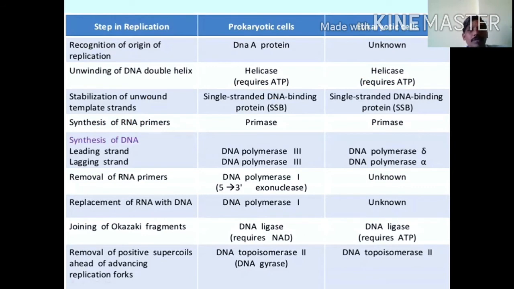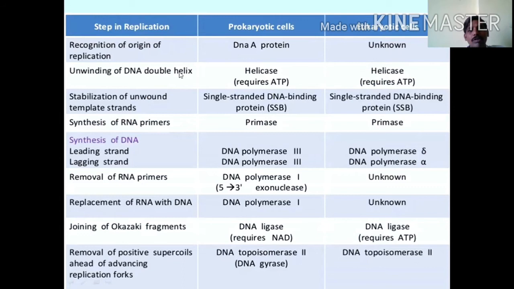For example, the DnaA protein recognizes the ORI site in the DNA molecule. The ORI site is the starting point of replication in the DNA molecule, which is recognized by the DnaA protein.